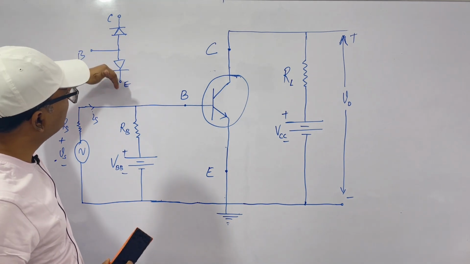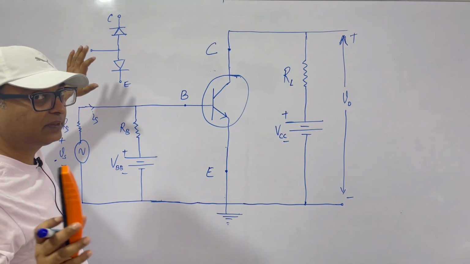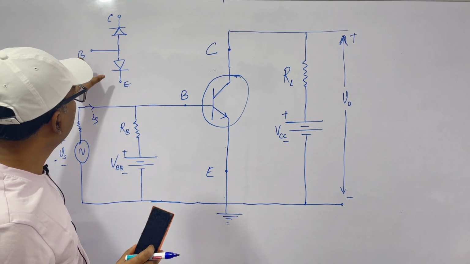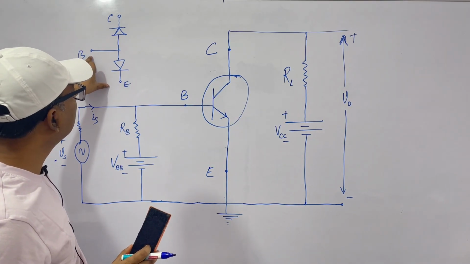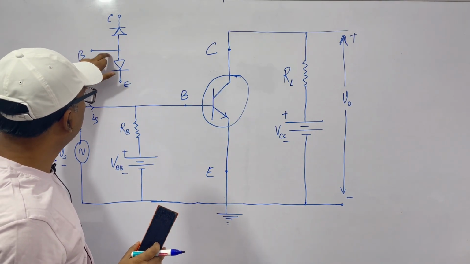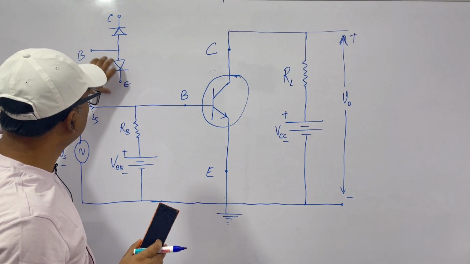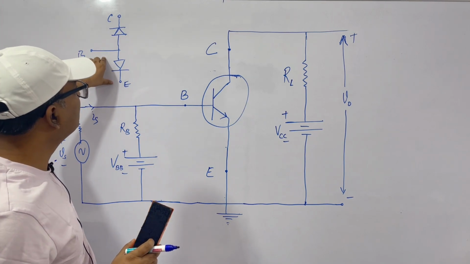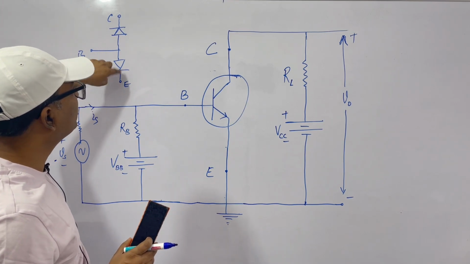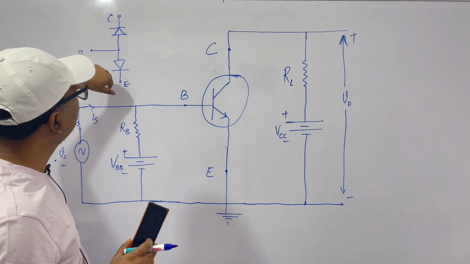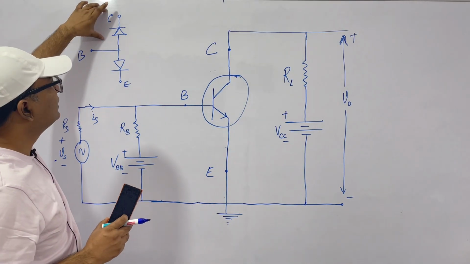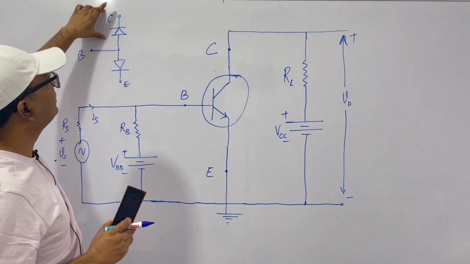So this is forward biased. You must have studied diode. So if you apply a voltage greater than the threshold voltage to this, that is VBE, if this voltage is greater than the threshold voltage, we'll have a forward biased diode and current will start to flow. This is reverse biased.